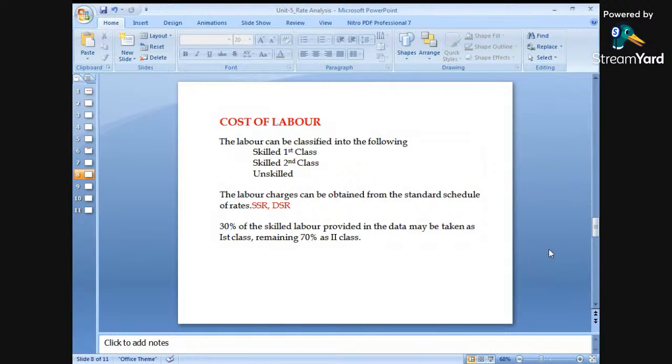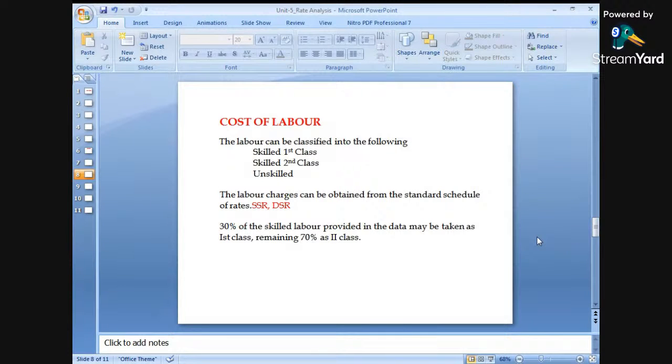Every department has its own SSR rates or DSR rates, and we have to quote according to those rates, whether rates of the labors, the various materials, or the particular type of work carried out.